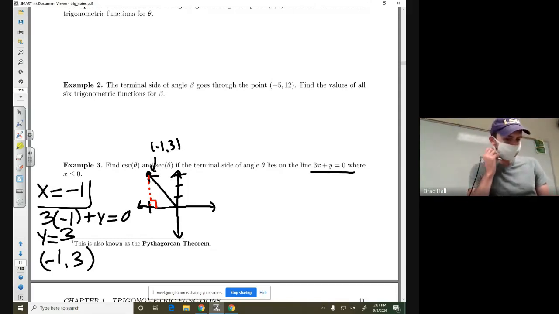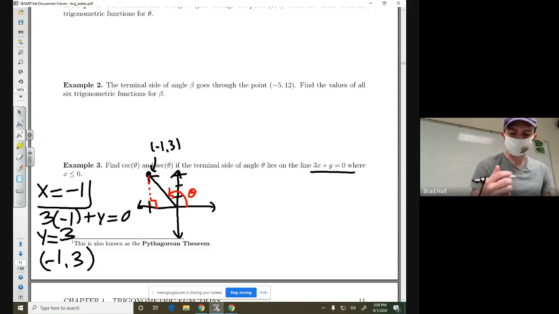So what we ended up doing, this whole time, this line that we drew represents the terminal side for this angle, which is called theta. So that line helps us form the angle, but the triangle helps us form a visual aid.